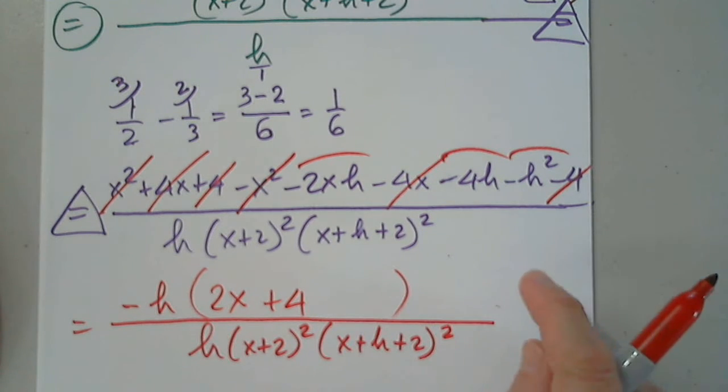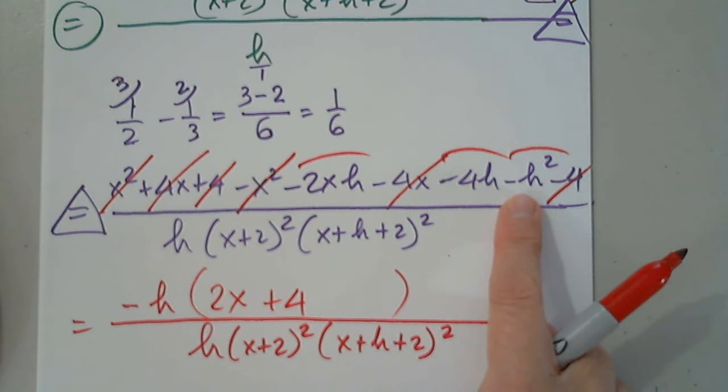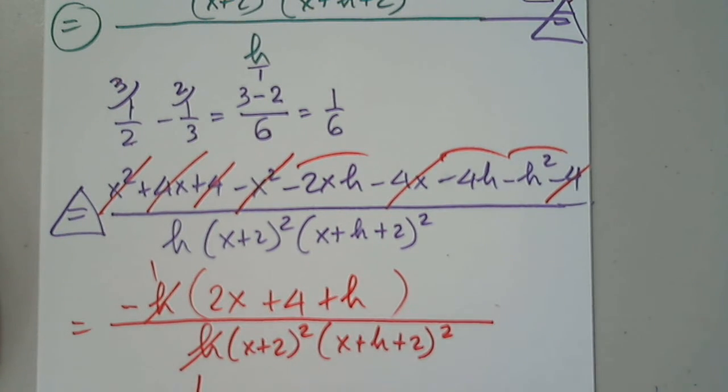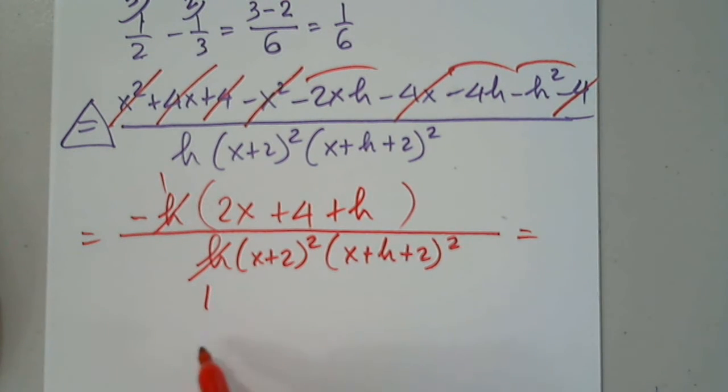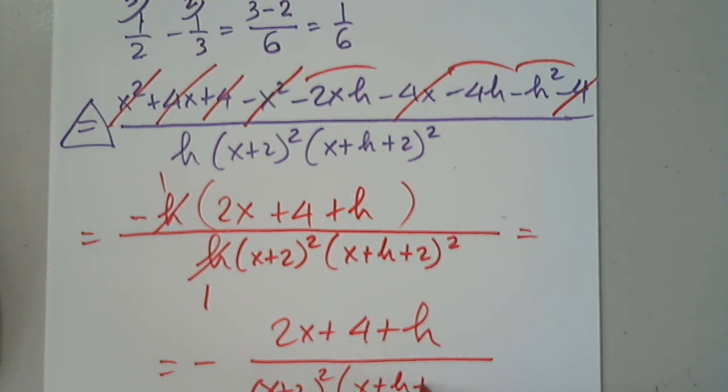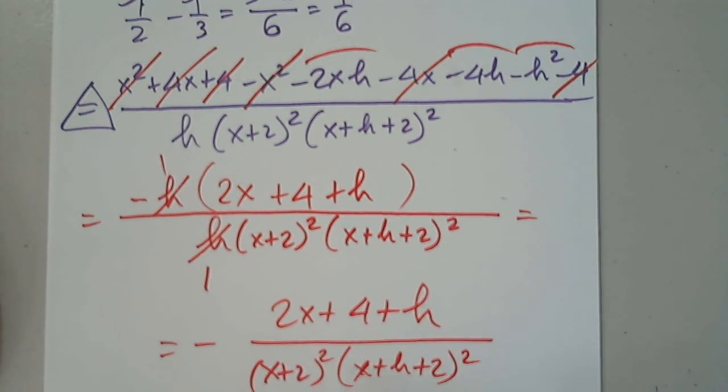Plus 4, plus h. Excellent. So now the second step happens, and that's the final simplified form. Do not forget the denominator. No one can eliminate that. This is it.